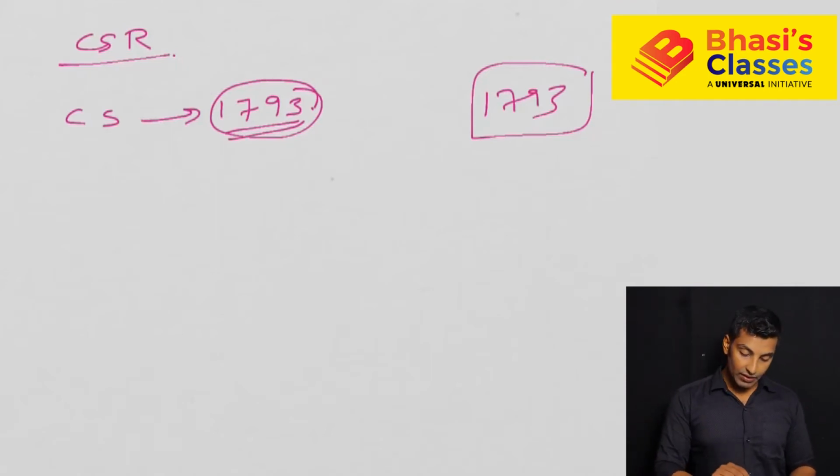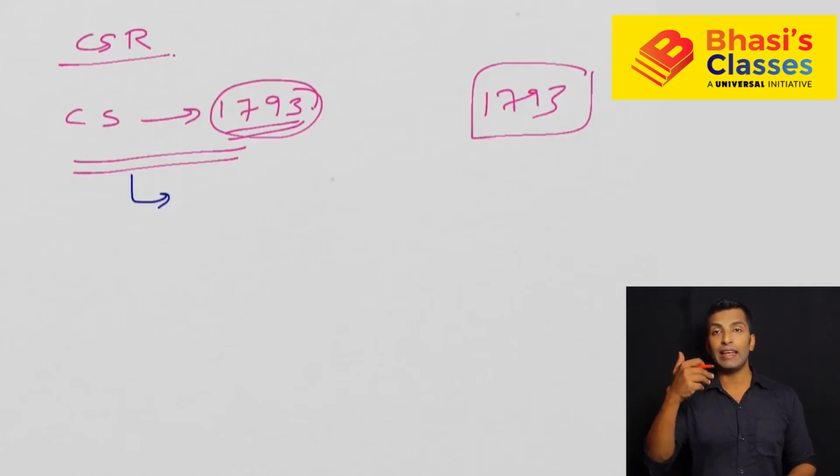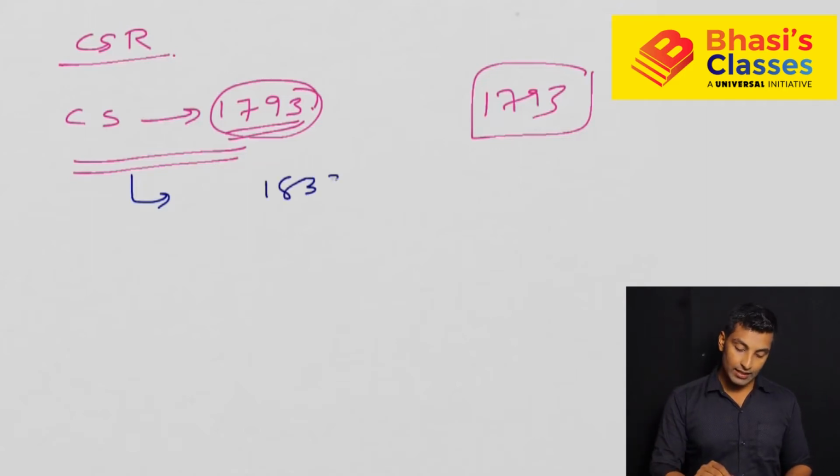So civil services were introduced in 1793, but this was not through any competitive exam or anything. Technically, Indians started entering into civil services only after the 1833 Charter Act, not here.